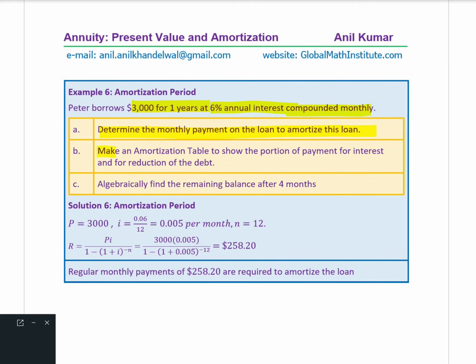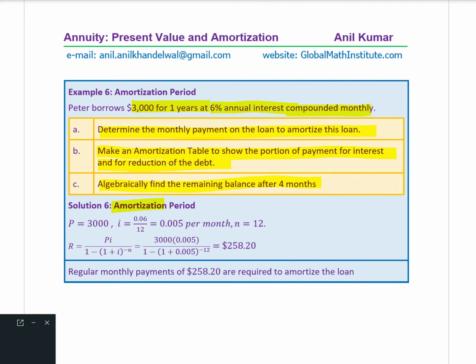B, make an amortization table to show the portion of payments for the interest and the reduction of the debt, right? So we saw in one of our examples that initially the payments go more towards the interest than towards reducing the debt. But let's really see it, okay? And C is to algebraically find the remaining balance after 4 months. Well, if you make a table, you can always read what is the balance after however many months you calculate, or we'll also see the algebraic method.